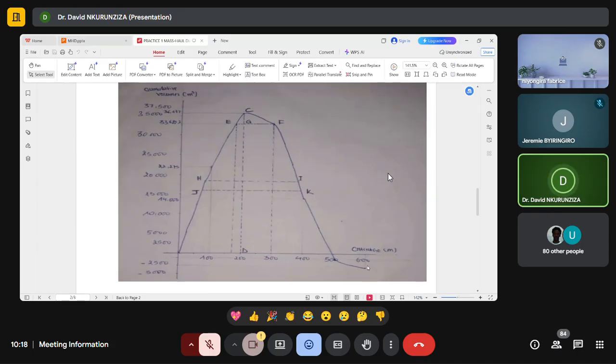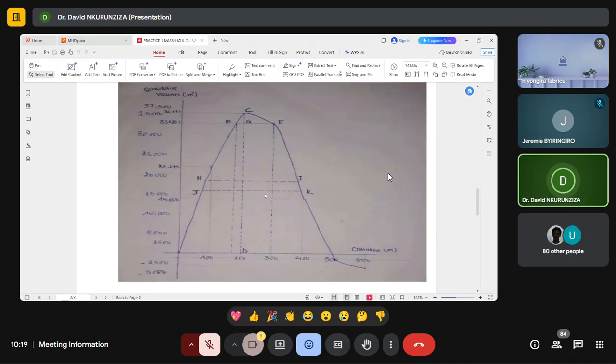At M, we have this, which is how much? Minus 2,500. So here we have a deficit. We have 0 minus 2,500. There is a deficit in this particular case.